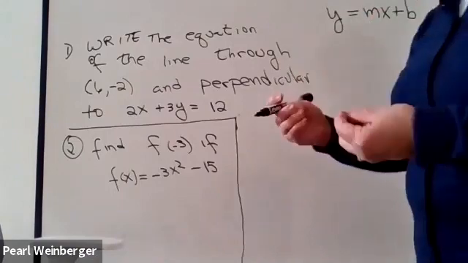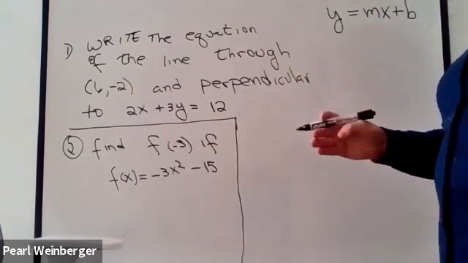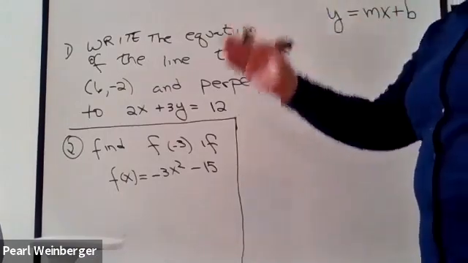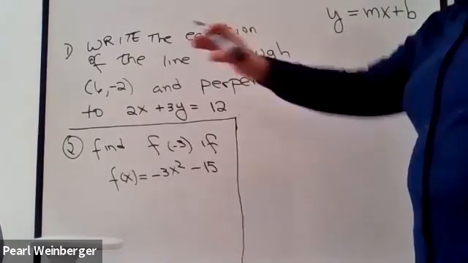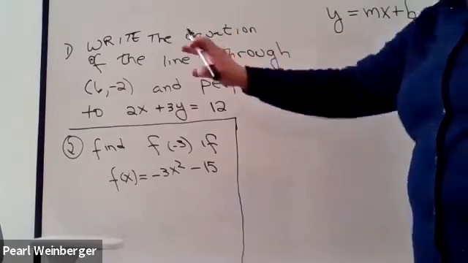And when we go to write the line, unless it's one of our special lines that are either straight up and down, which we call a vertical line, or straight across, a horizontal line, it's a regular slant line.